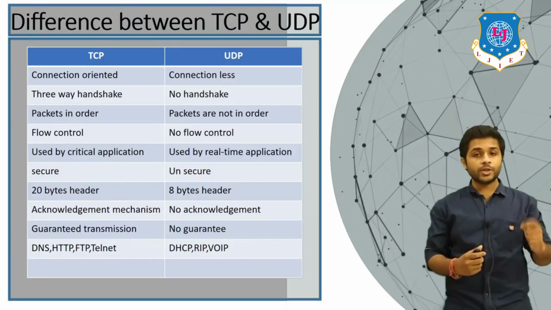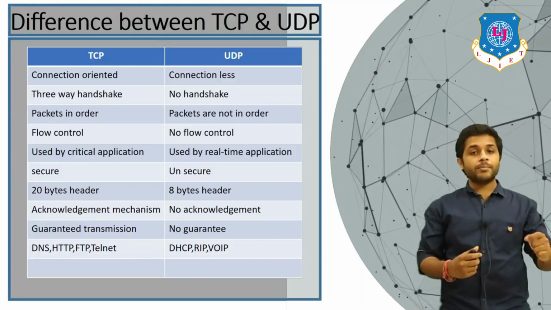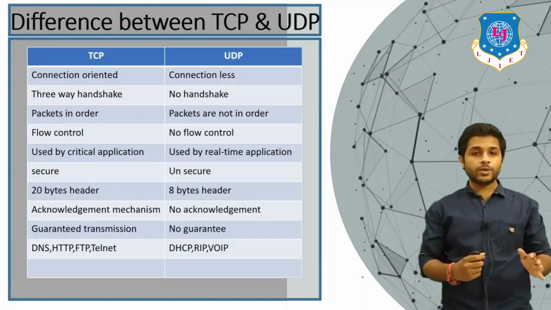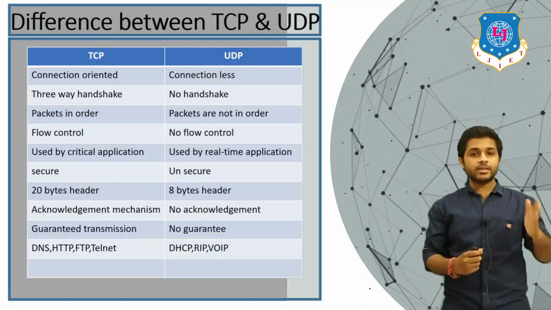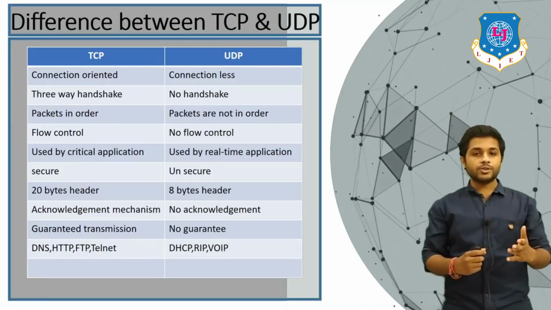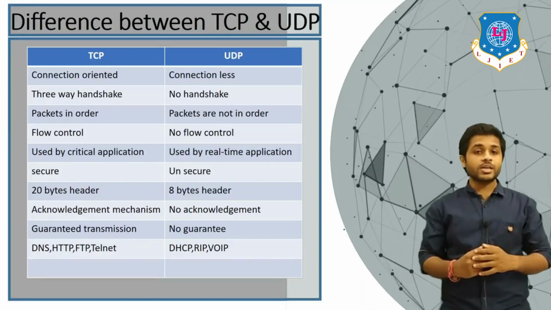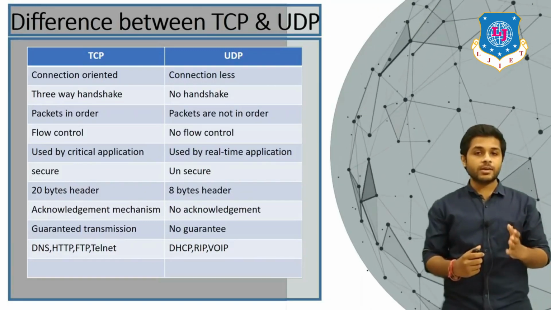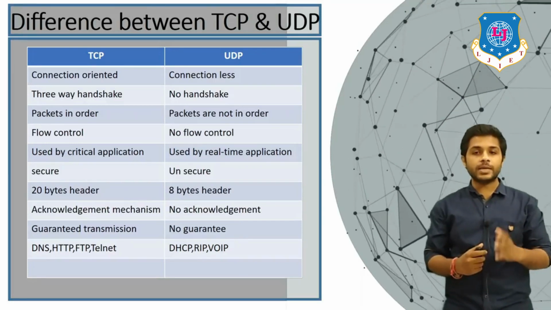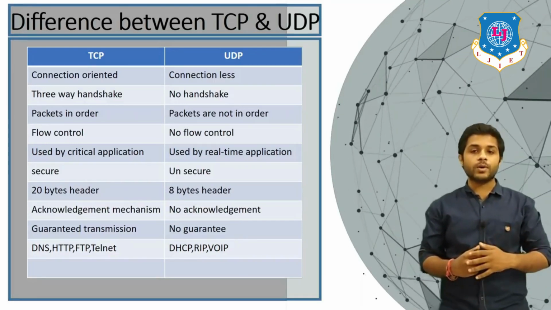In TCP there is an acknowledgement mechanism, and in UDP there is no acknowledgement. TCP guarantees the data transfer and in UDP there is no guarantee. TCP is used by popular applications such as DNS, HTTP, FTP and Telnet. And UDP is used by DHCP, RIP and voice over IP.